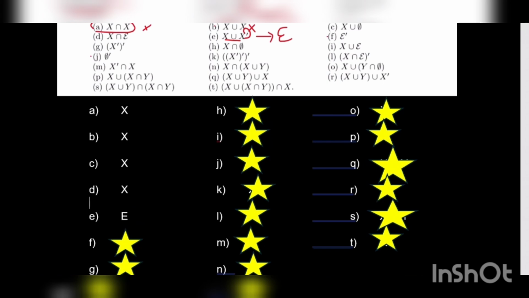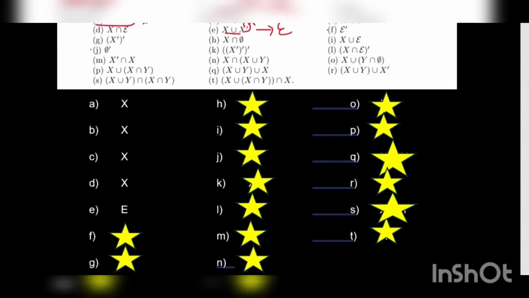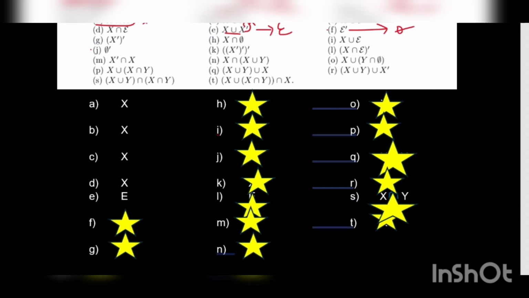Let's do the next one. We're at F. Once you see the apostrophe, it means the opposite, and the opposite of everything would be nothing.